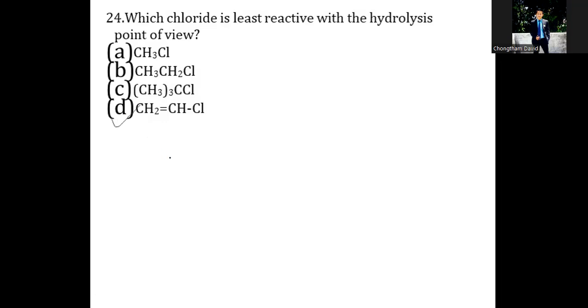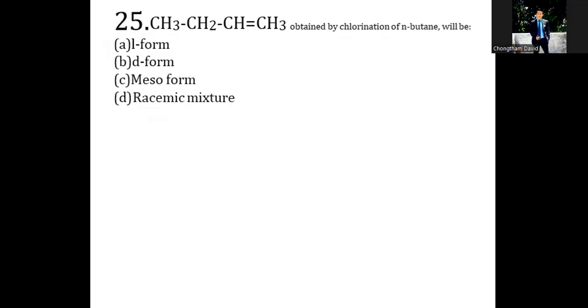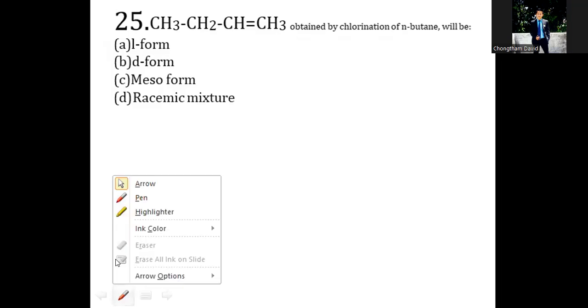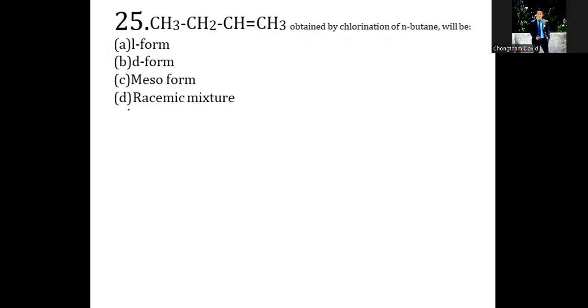Let us see the next question, question number 25. The butane obtained by chlorination of n-butane will be... So chlorination of n-butane can take place via free radical formation.